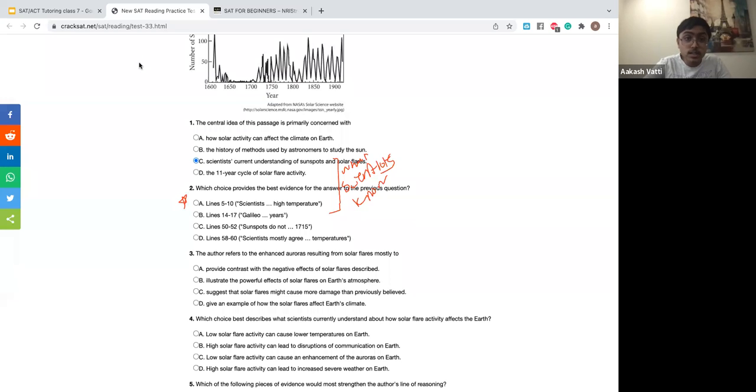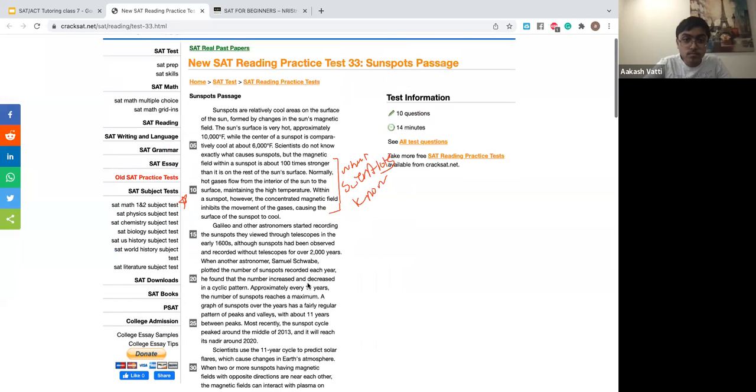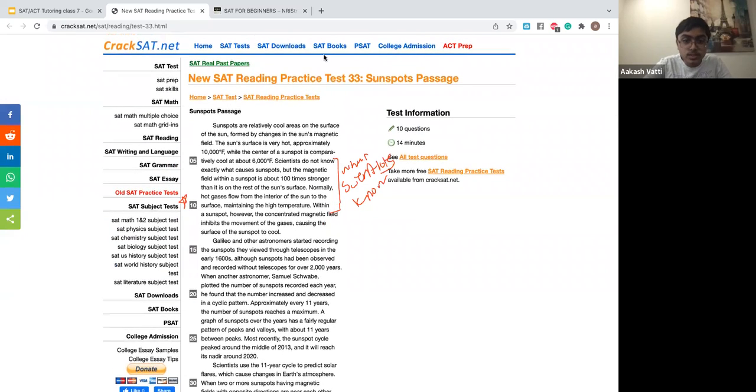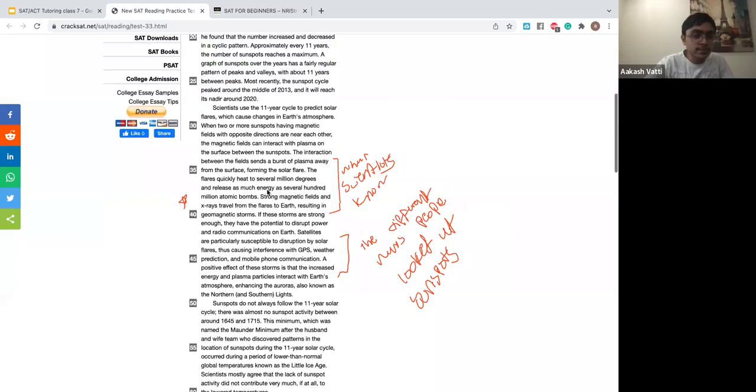14 to 17 is right here. I guess this is the different ways people looked at sunspots. So this question is really tricky.